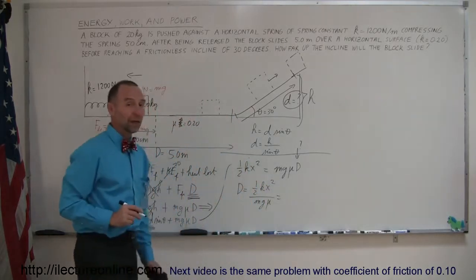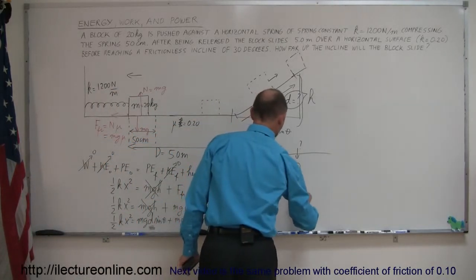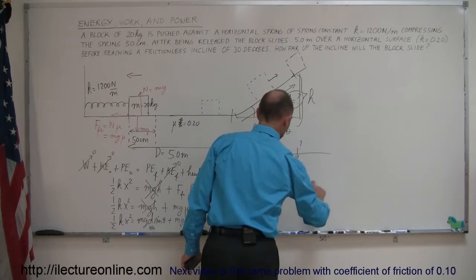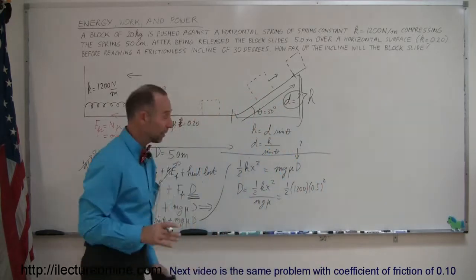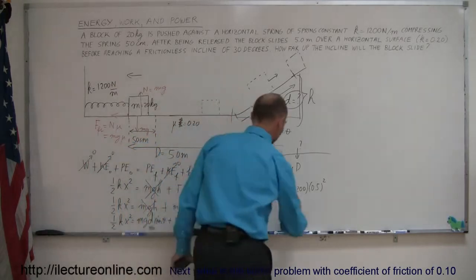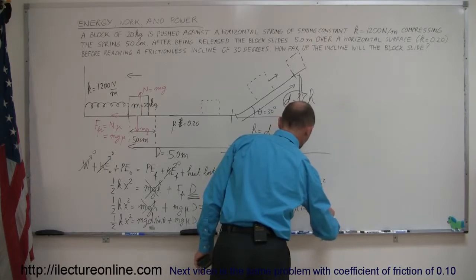And now we plug in the values of those. So we have 1/2 times 1200 times 0.5 squared. Remember, centimeters need to be converted to meters. Divided by the mass, 20 kilograms, times g, 9.8, times mu, 0.2.